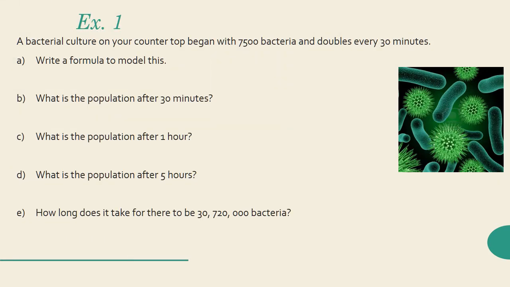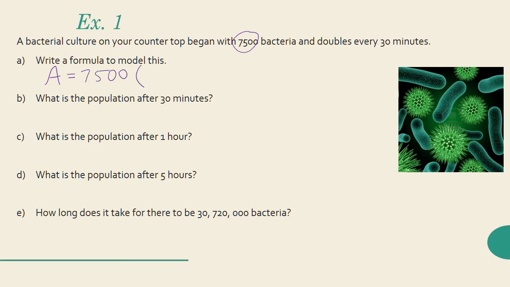Our first example: a bacterial culture on your countertop began with 7,500 bacteria and doubles every 30 minutes. Write a formula to model this. So final amount, A equals, the starting amount tells us 7,500.